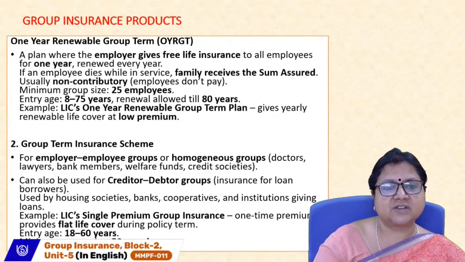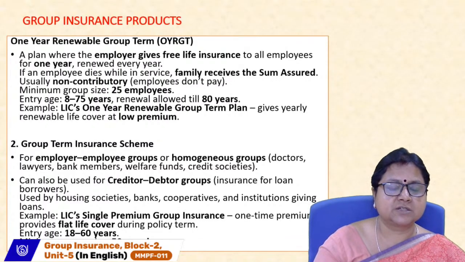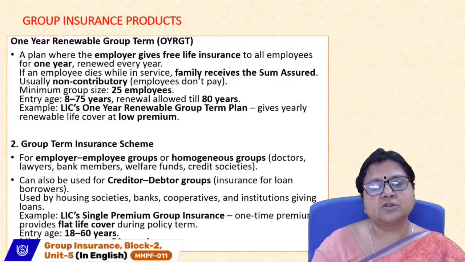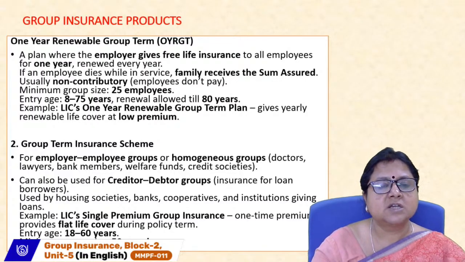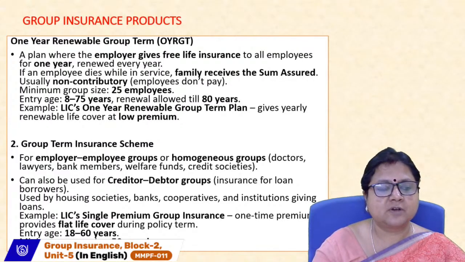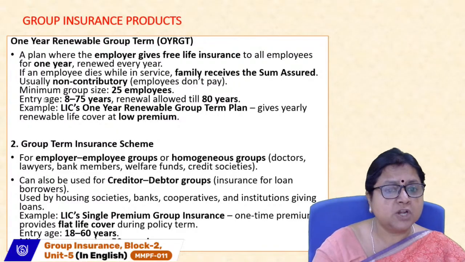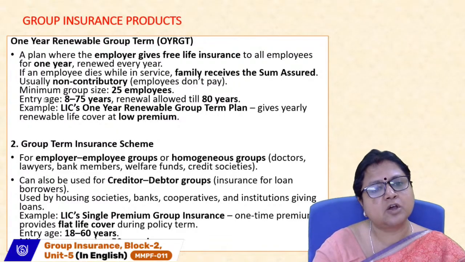Entry age is 8 years to 75 years and renewal is allowed till 80 years. So every year the organization goes on renewing and it is free of cost to all the members, all the staff. The insurance coverage is only in case of death. It may be accidental or a natural death.